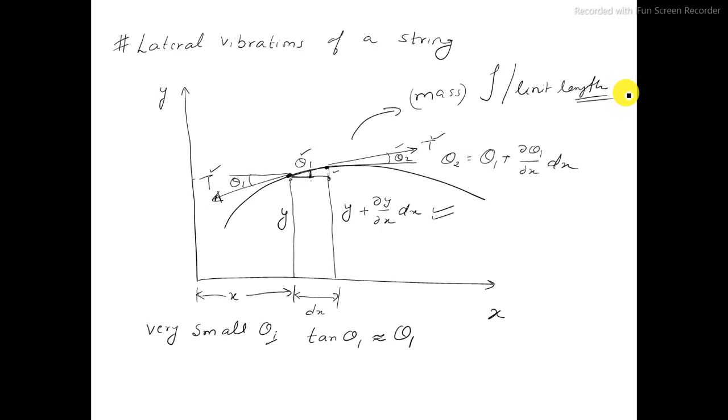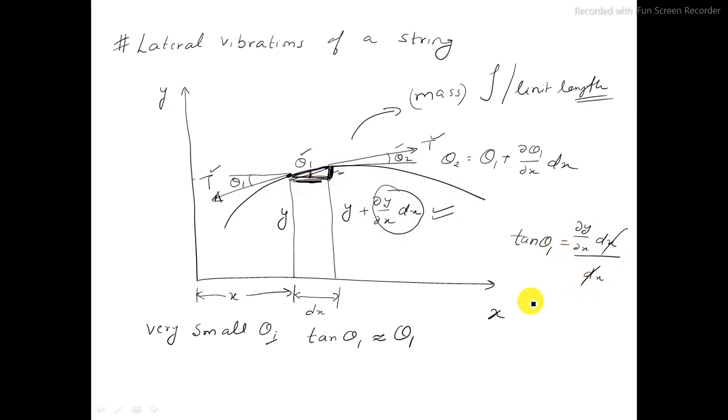Now you can see that in this triangle, which is a very small triangle which I am pointing out, we can apply a formula of tan theta 1. If we write tan theta 1, it will be the opposite side, which you know is ∂y/∂x into dx, divided by the horizontal distance, which we assume as dx.